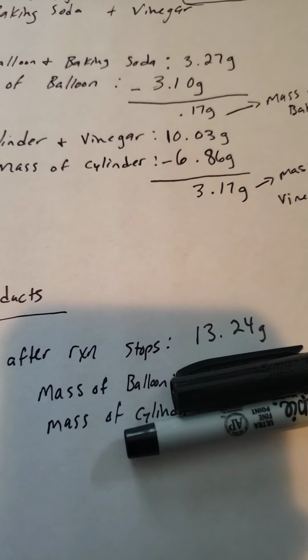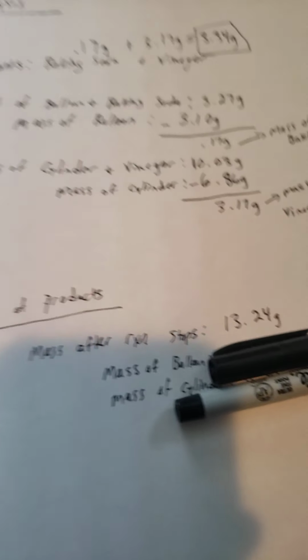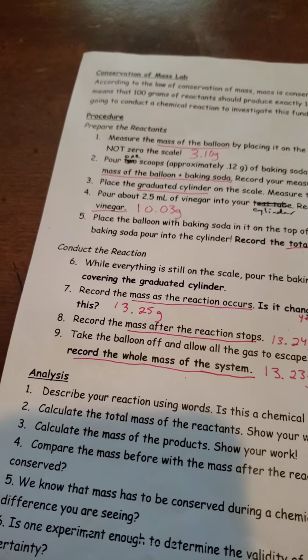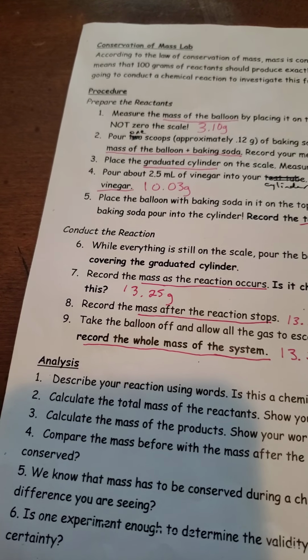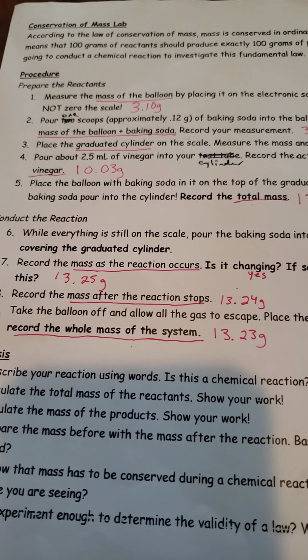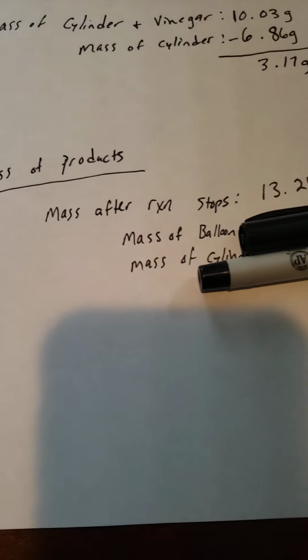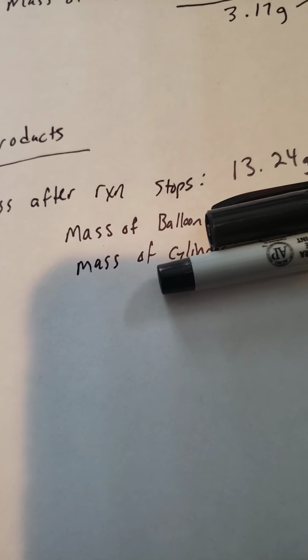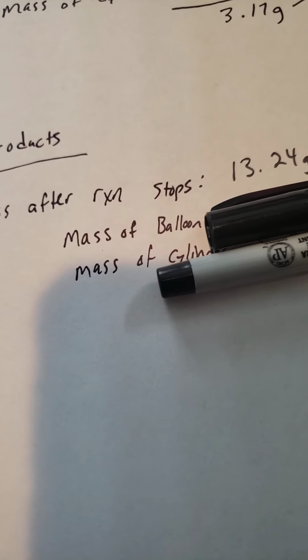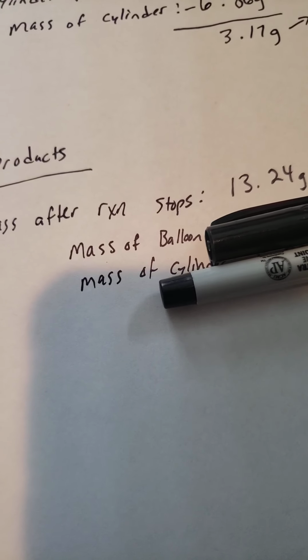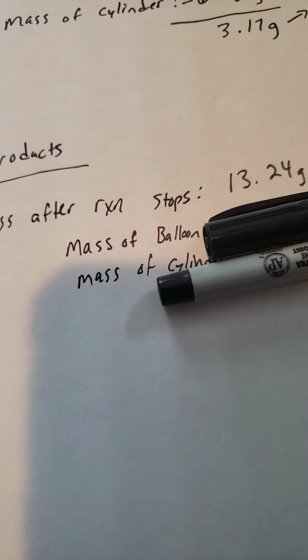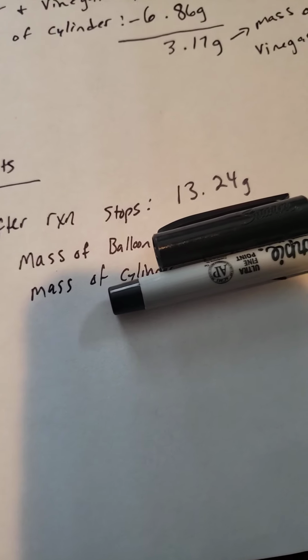So that's 13.24 grams, and where I got that from was number 8 here. I'll record the mass after the reaction stops. So I got that from number 8. So that's the mass basically of the whole system after the reaction has taken place.